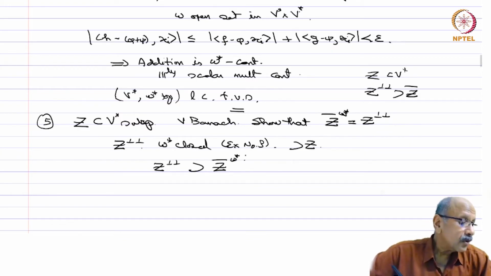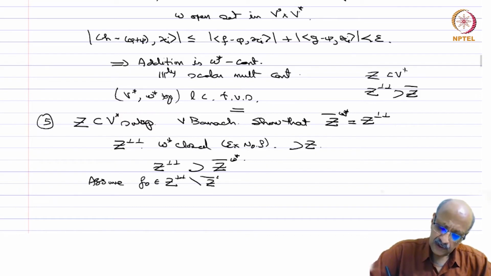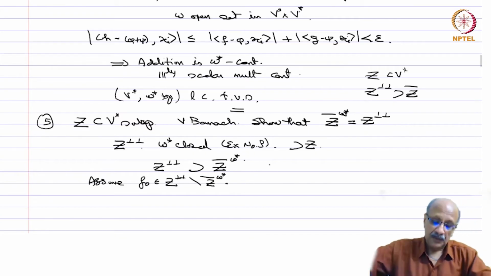Okay, so now assume that this is not equal. Assume f naught belongs to Z perp perp minus Z closure in the weak star topology.